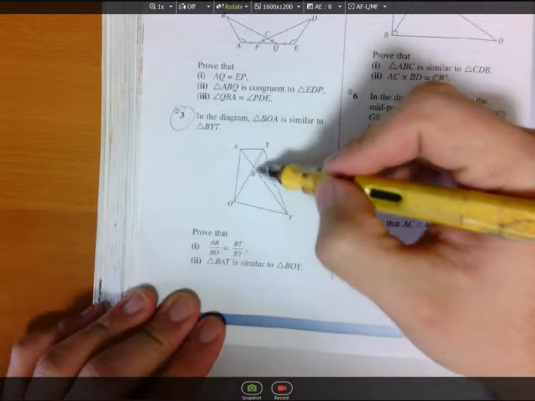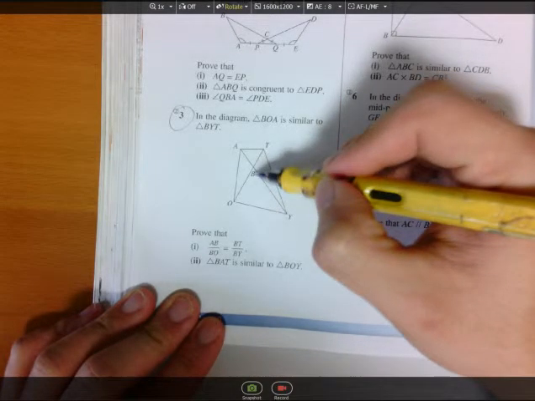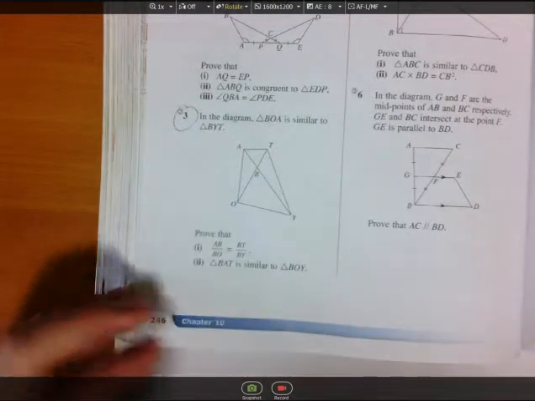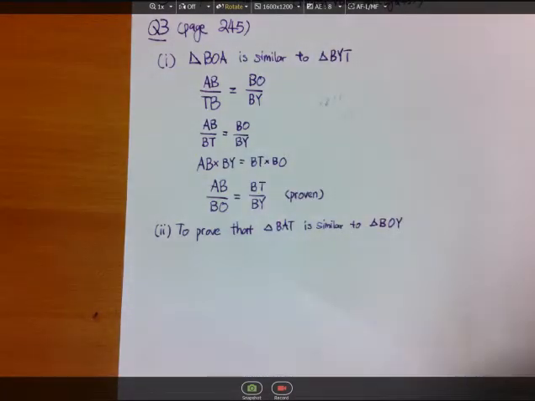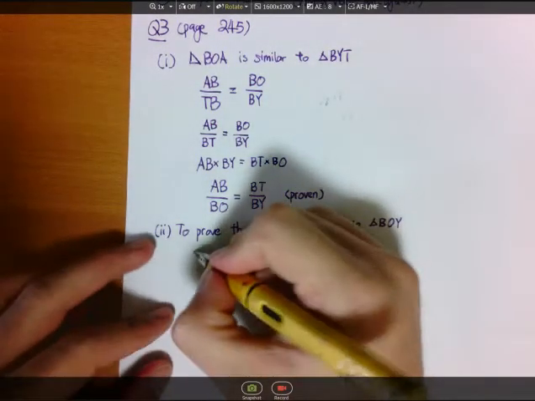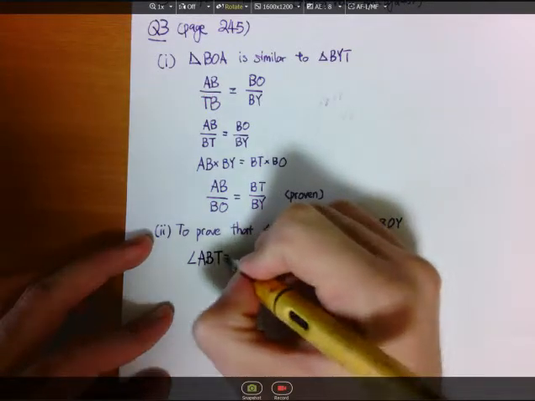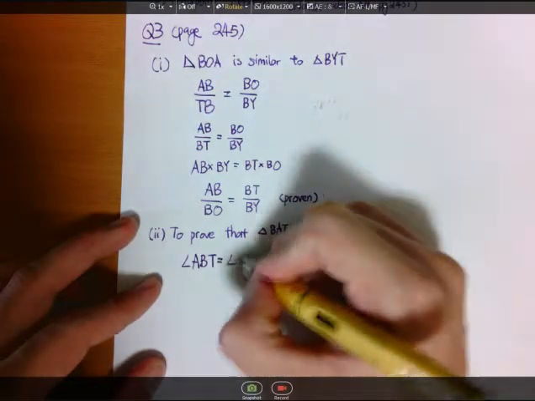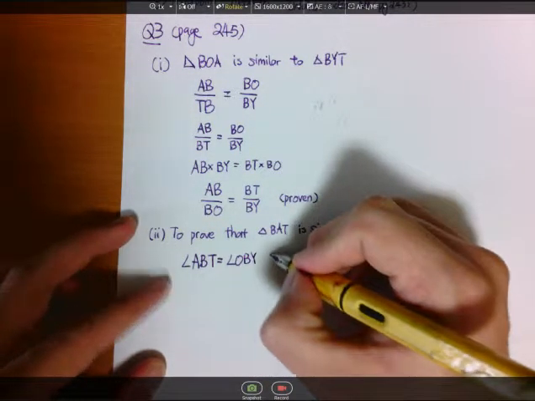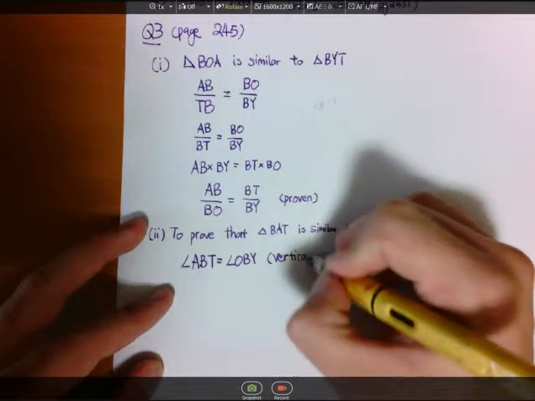These two angles. And by what property? Something we learned in primary school called vertically opposite angles. So for the proof, we already have a pair of angles that are equal. So I will first start by writing, angle ABT is equals to angle OBY, and the reason here being vertically opposite angles.